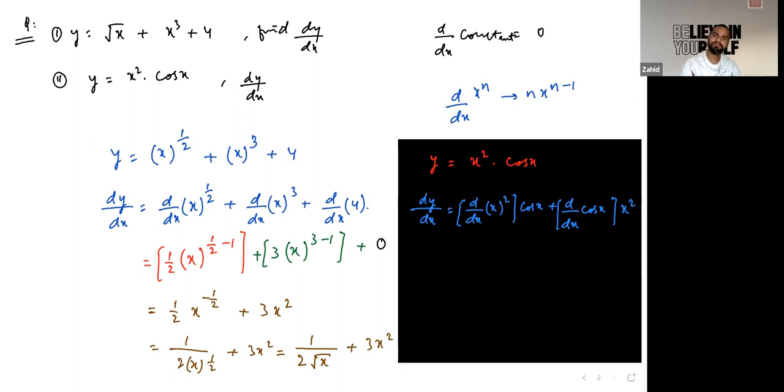Nabila, have you solved? No, sir, I'm solving. Okay. Just differentiate this part, keep this as it is. Similarly, differentiate this part, keep this as it is.